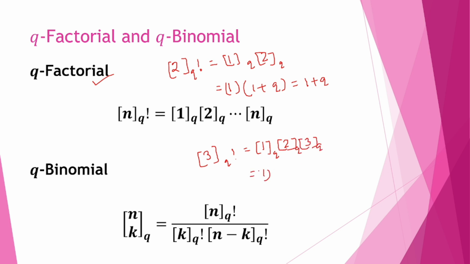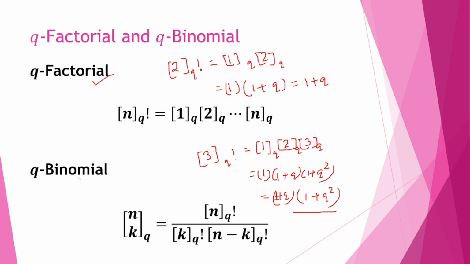That means 1 into (1 plus q) into (1 plus q square). Now if you solve, it will be (1 plus q) into (1 plus q square). You can simplify and get the result. So similarly, this way we can define the nq factorial.